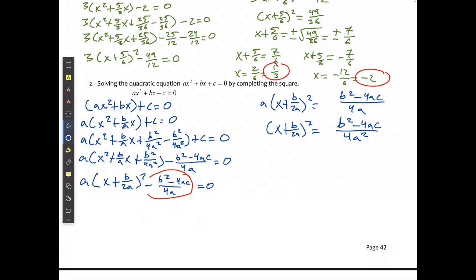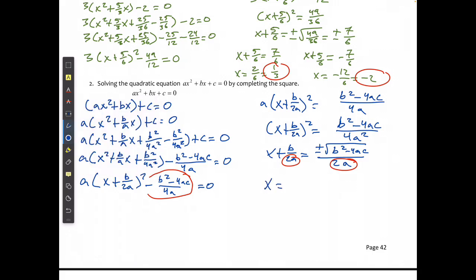And I'm going to take the square root of the top and the bottom. X plus b over 2a is equal to the positive or negative square root of b squared minus 4ac, all divided by the square root of the bottom, because they're both perfect squares, which is going to be 2a. And lo and behold, we have a common denominator already when we move this across.